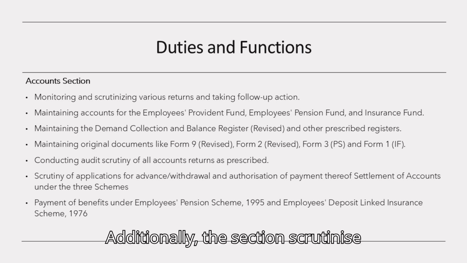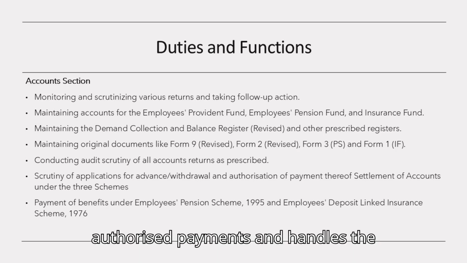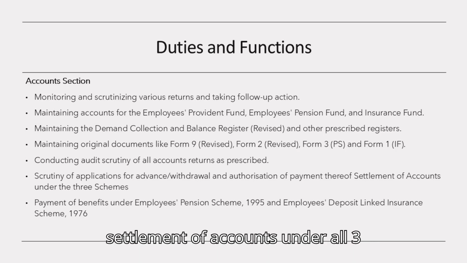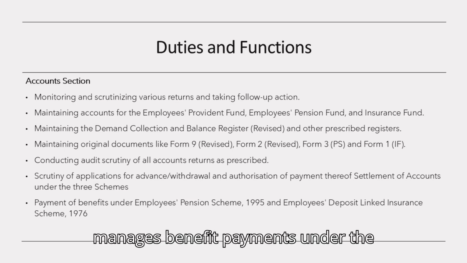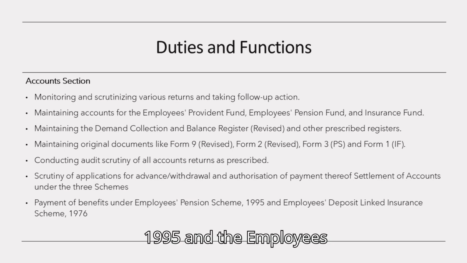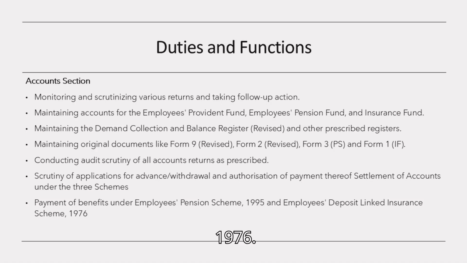Additionally, the section scrutinizes advance and withdrawal applications, authorizes payments, and handles the settlement of accounts under all three schemes. The section also manages benefit payments under the Employees Pension Scheme, 1995, and the Employees Deposit Linked Insurance Scheme, 1976.